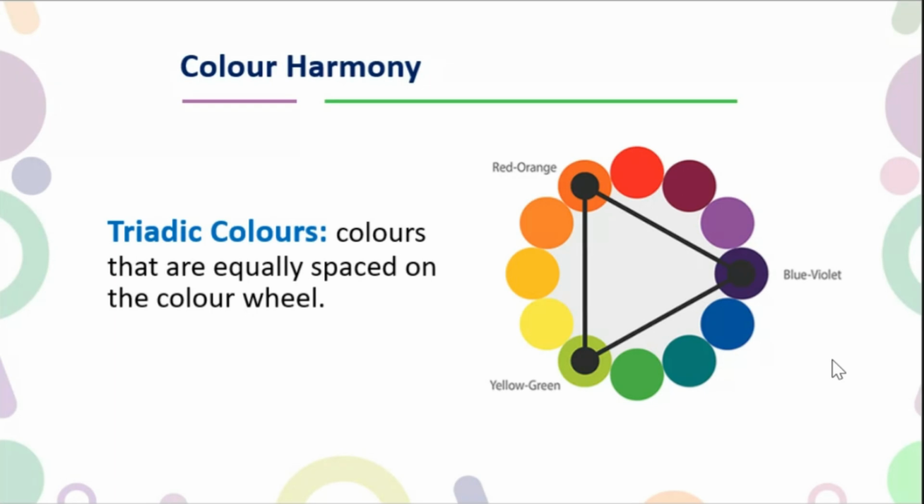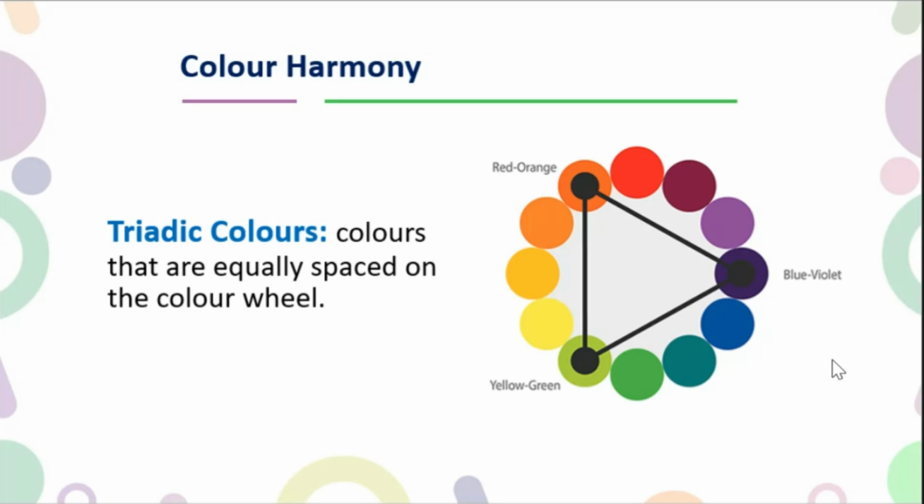We also have triadic colors. When we talk about triadic colors, when we look on the color wheel, there are three colors which are equidistant, like the distance between them is equal. So when you take red, yellow, and blue, the distance between them is equal. You can count 1, 2, 3, 1, 2, 3.